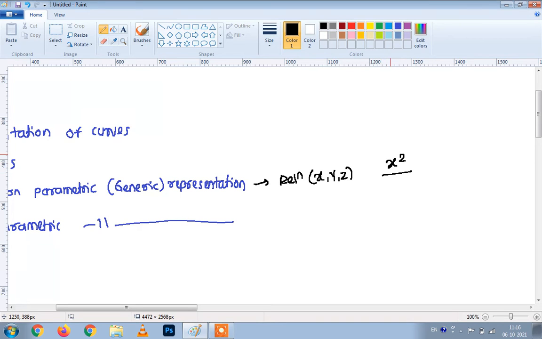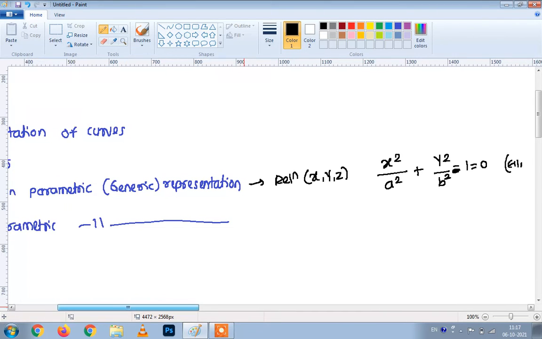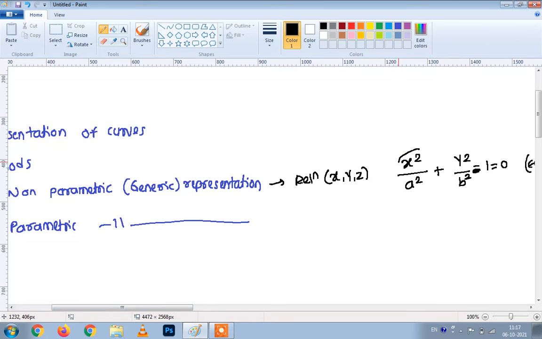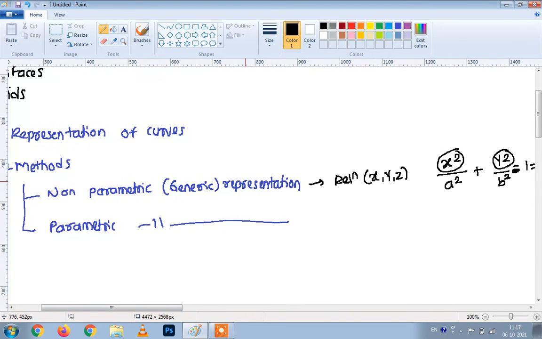You must have learned x square upon a square plus y square upon b square minus 1 is equal to 0. This is the equation for an ellipse. Here this particular ellipse is represented by the relationship between x square and y square. This kind of representation of a curve is known as non-parametric representation, where the curve is represented as a relationship between x, y as well as z.